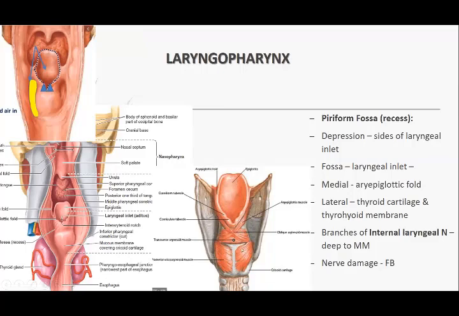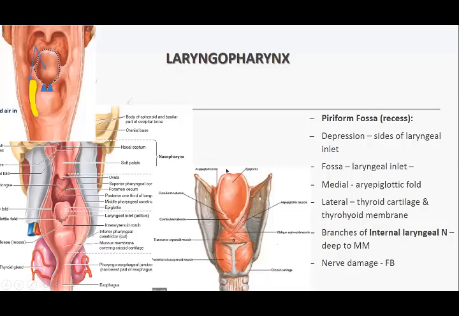Okay, now this fold lies over the cartilages of the larynx. This is the epiglottis. This fold, between the epiglottis and the arytenoid cartilage, this is the arytenoid cartilage.